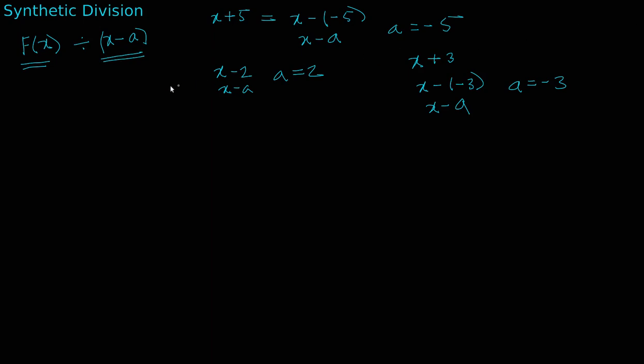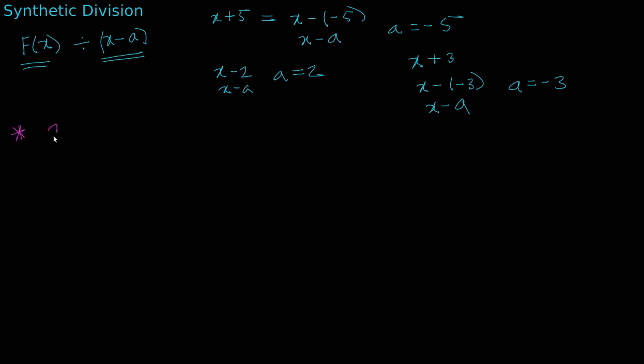All right, so let us solve a problem. If we solve a problem, then it is going to be more clear for us. So let's take a problem. What is my problem statement?